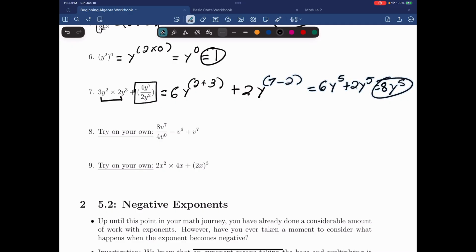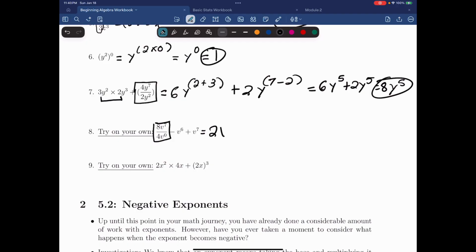So for example number 8, we have 8v to the 7th power divided by 4v to the 0th power minus v to the 6th plus v to the 7th power. Okay, so looking at this, I want to first simplify this fraction. How am I going to do that? Well, I'm going to first divide 8 by 4, which is 2.